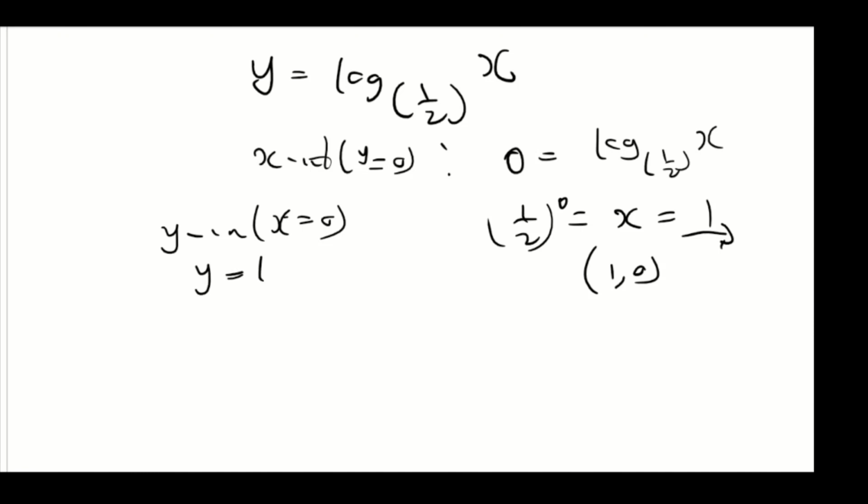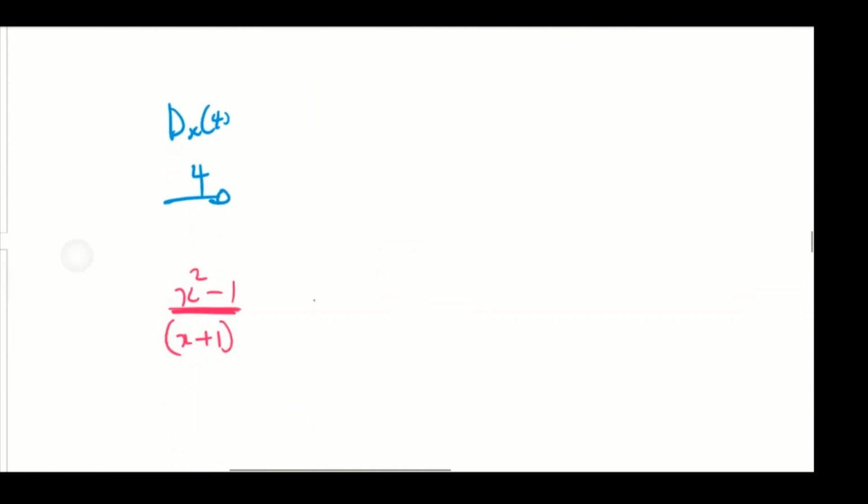Then our y-intercept, when x is equal to 0. So we have y equals log base 1/2 of 0. Here you won't find a solution, so there's no solution. It means that your graph does not pass through a y-intercept. Now if you are going to draw your graph, you know that it passes through the point (1; 0), but it doesn't pass through your y-axis.